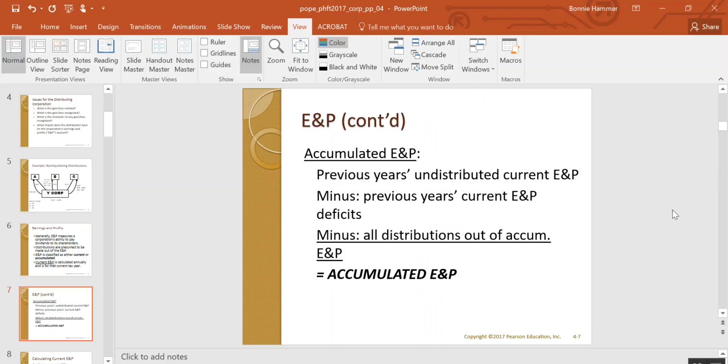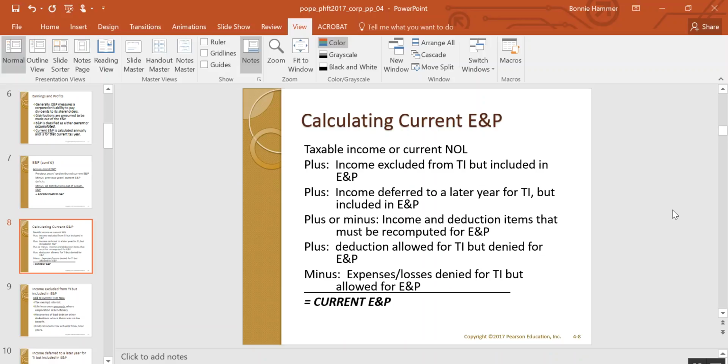Accumulated E&P is defined as your previous year's undistributed current E&P, minus previous year's current E&P deficits, minus all distributions made out of accumulated E&P. That's your accumulated E&P as of the beginning of the year. To calculate current E&P, we start with taxable income or tax loss.